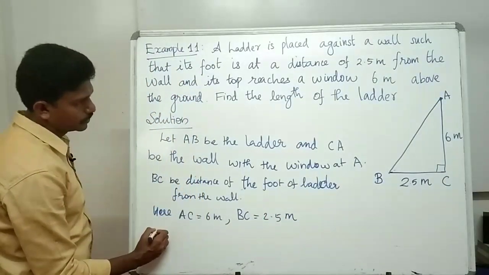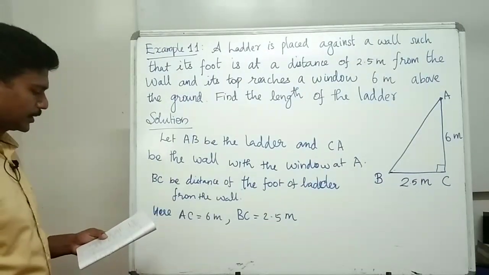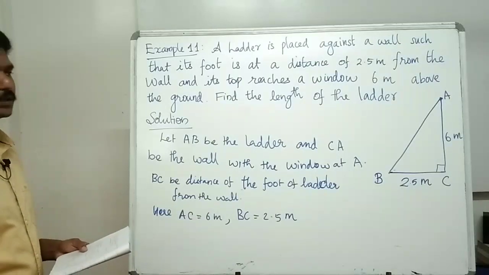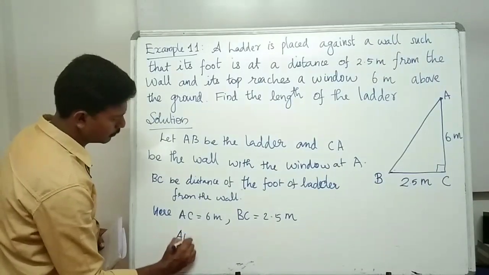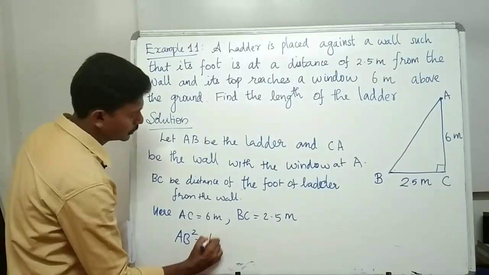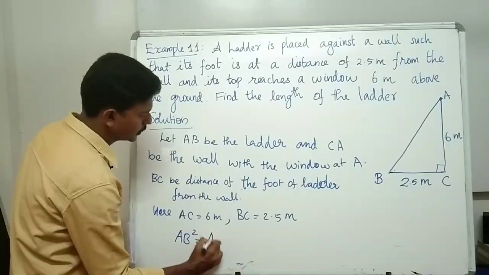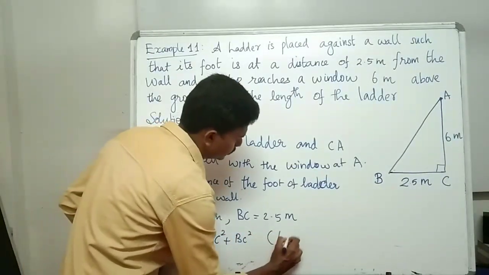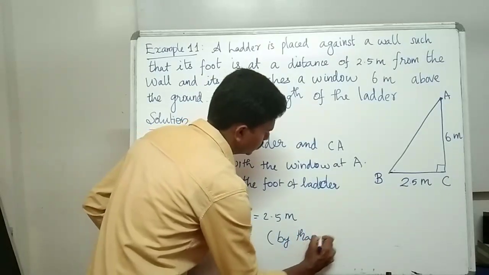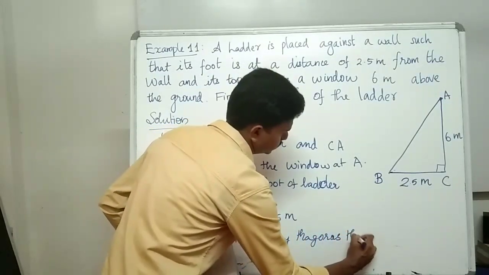Since angle C is 90 degrees, we can use the Pythagoras theorem. AB square is equal to AC square plus BC square by Pythagoras theorem.